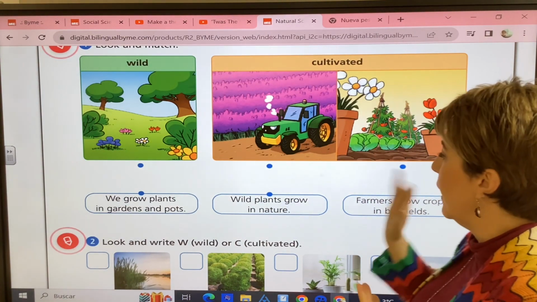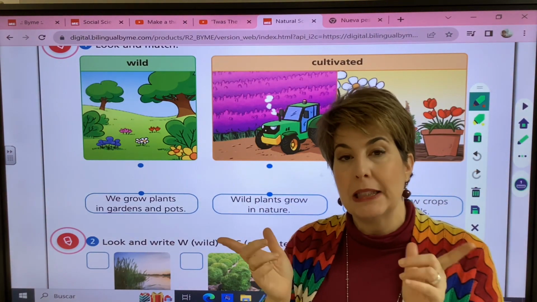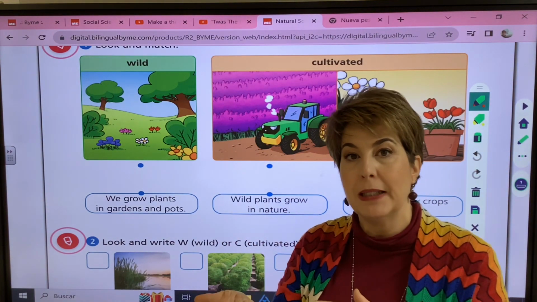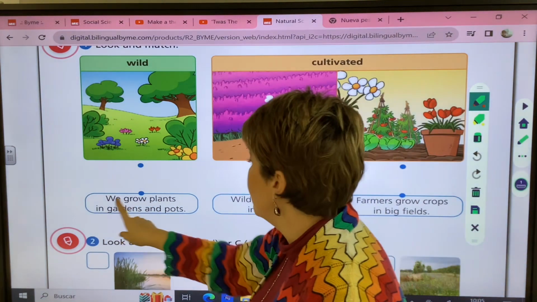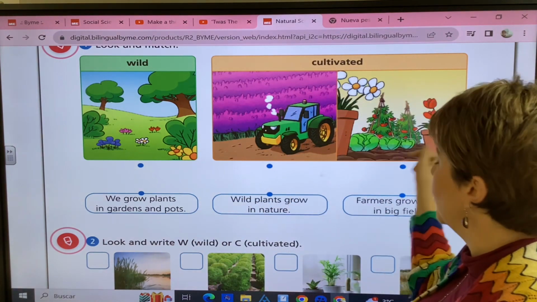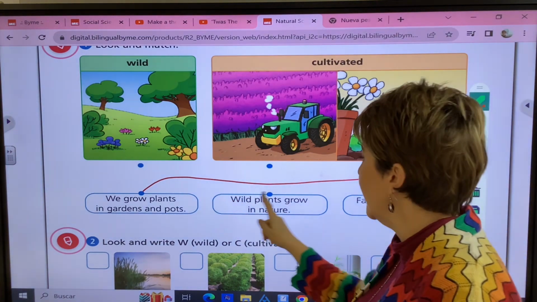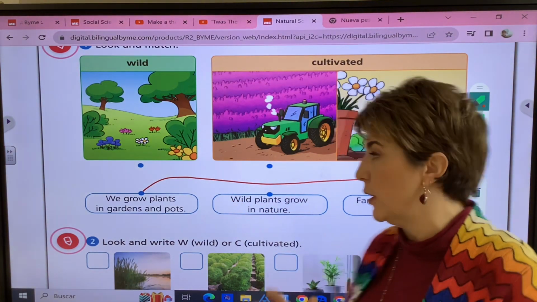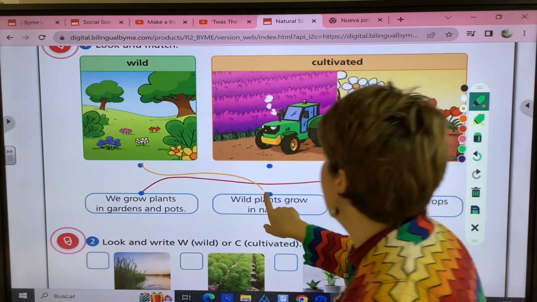So, if we have to look at the characteristics of wild and cultivated plants, we would say that we grow plants in gardens and pots. These are cultivated plants, and those ones. Wild plants grow in nature, these ones.